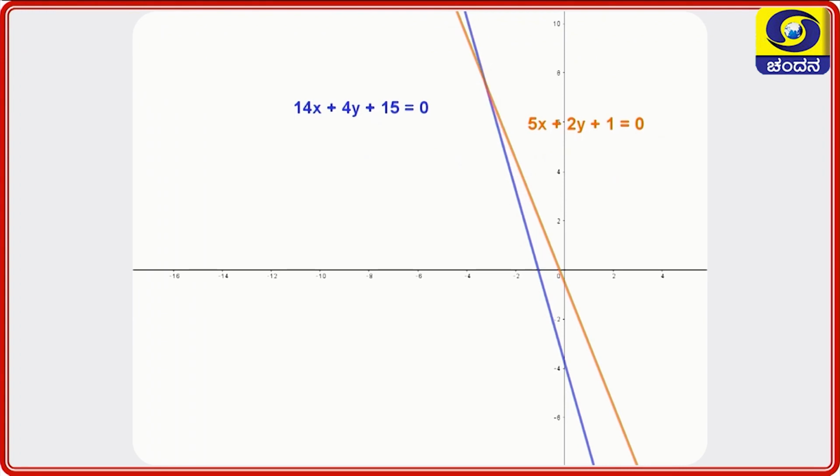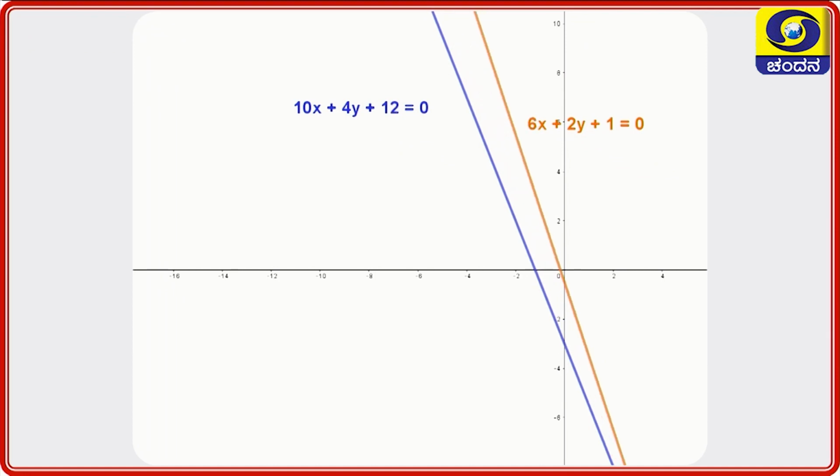Observe the coefficients here, children. The coefficient of x is changing, here the c1 value is changing. Observe here. The coefficient of x is also changing. The value of c2 is changing here.